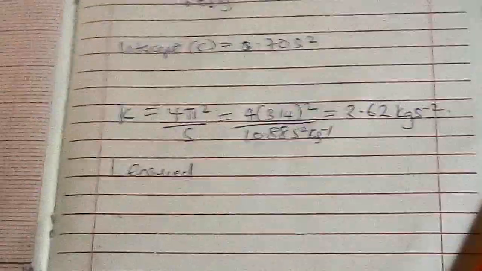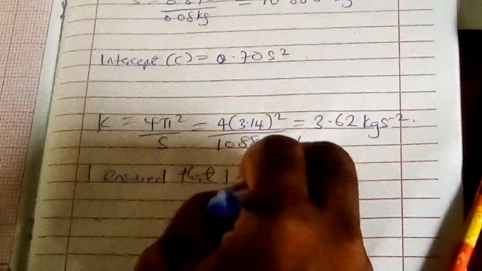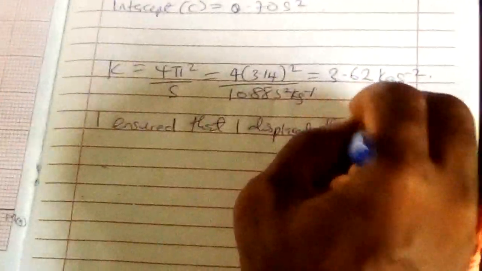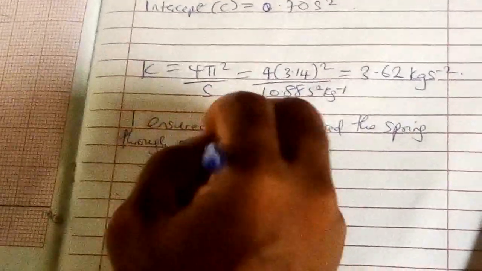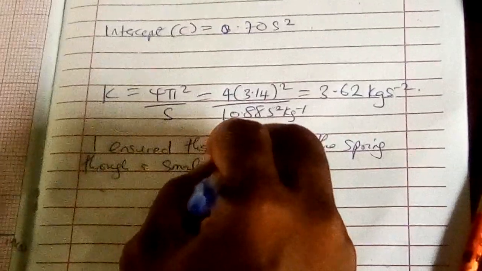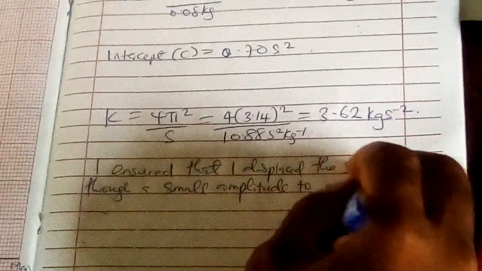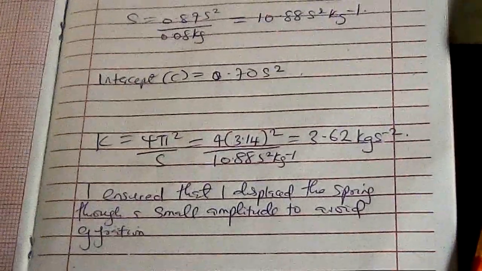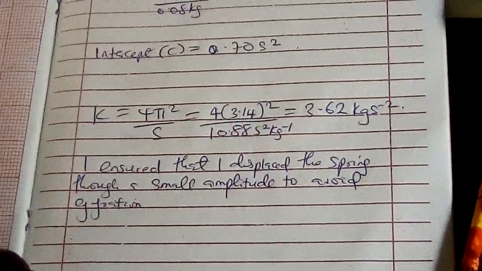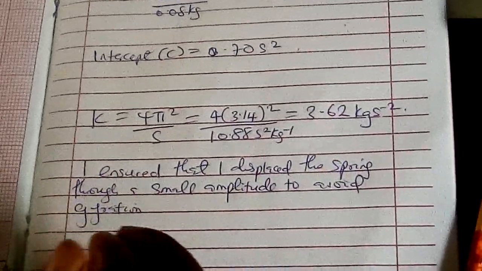I ensure that I displace the spring through a small amplitude to avoid gyration. So you don't have to draw the spring so much so it will fall off. So you have to displace the spring through a small amplitude to avoid gyration, or the spring falling off from the rotor stand.